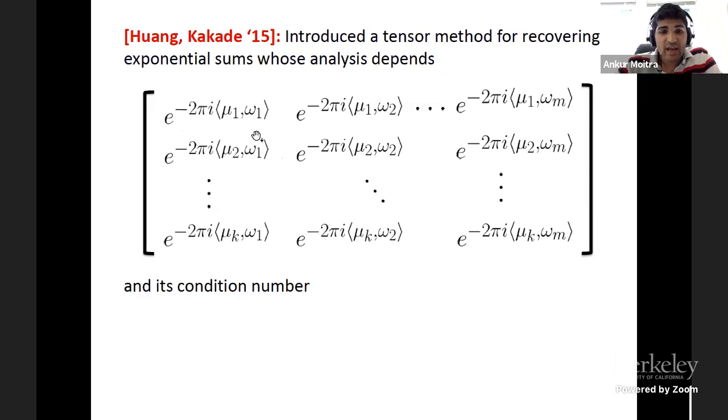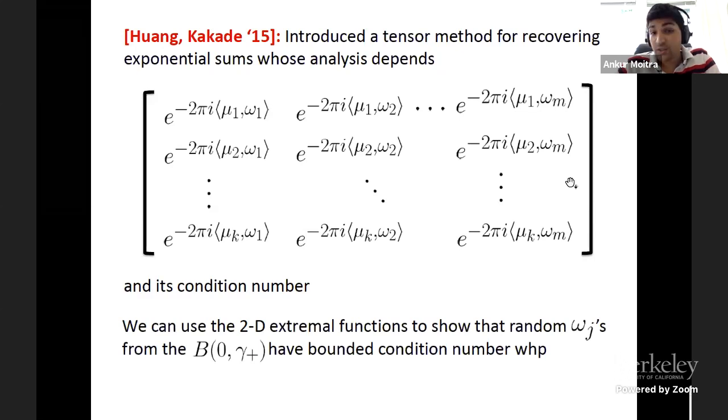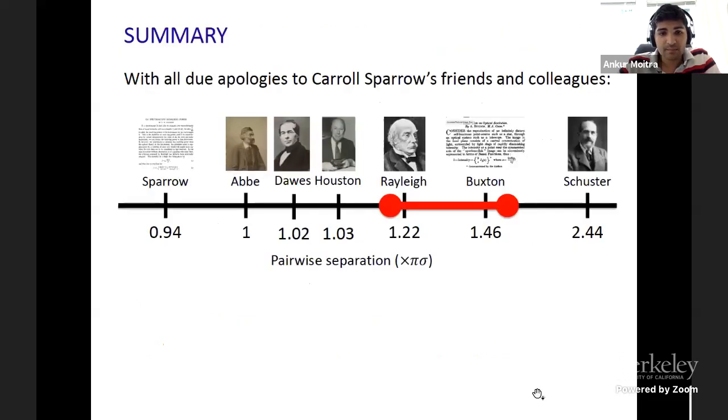It still has these exponential terms, but now instead of plugging in omega, 2 omega, and 3 omega, you're plugging in arbitrary values, omega sub 1, omega sub 2, all the way up to omega sub m. What you care about is the condition number of this matrix. And it turns out that you can use these 2D extremal functions to give a tight bound on when random omega j's actually have bounded condition number, which is really neat.